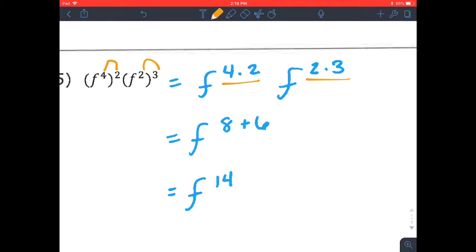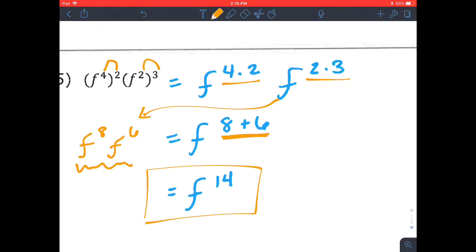A little bit of a misstep here, but let's draw an in-between step, because this would be f to the 8th and f to the 6th, which is why they added those two together, because it's showing me that it's multiplication, so I added those exponents together, and that's how we got the 14.